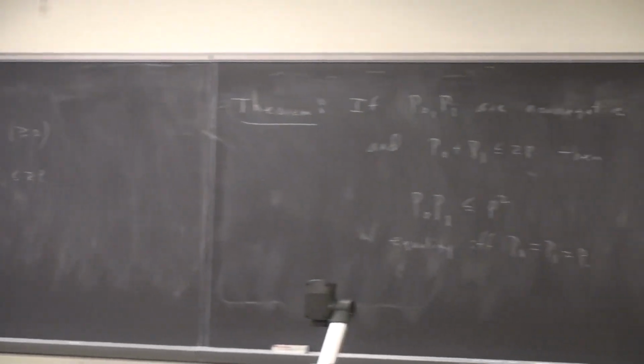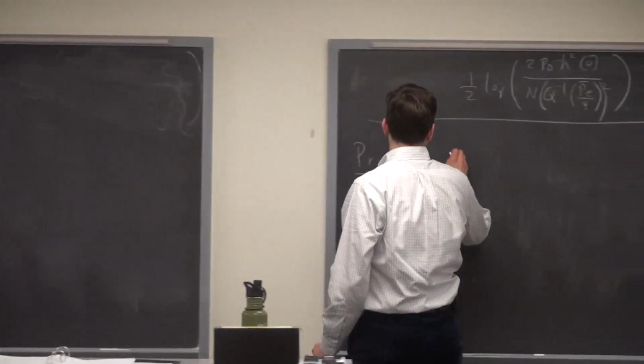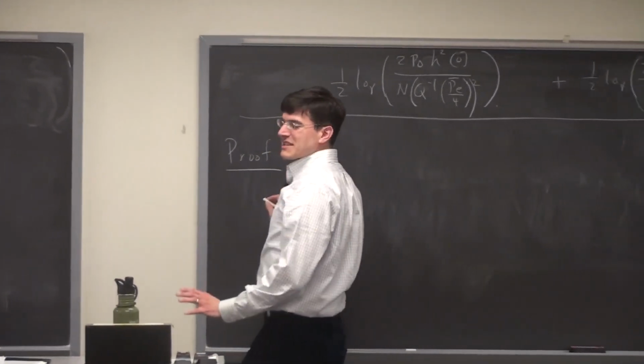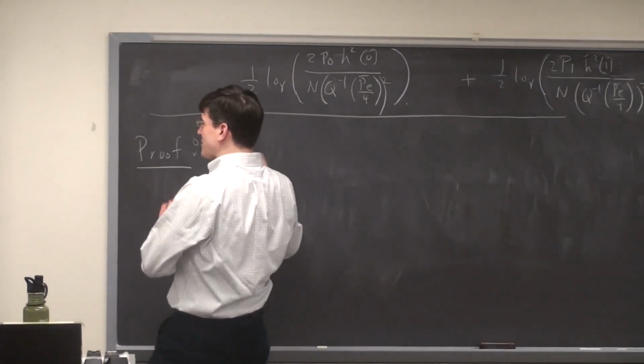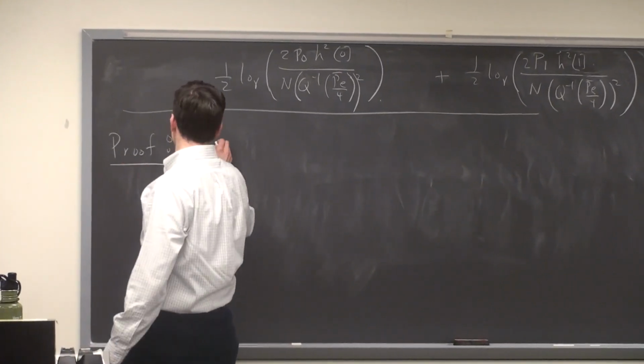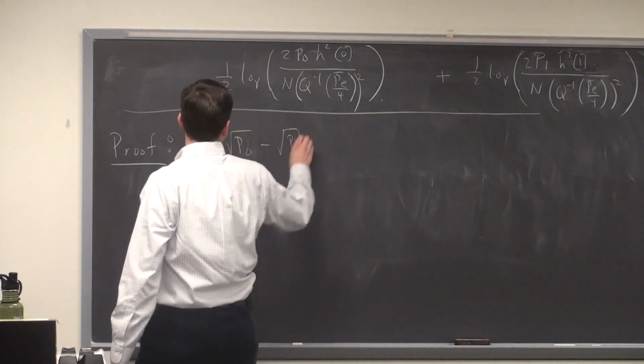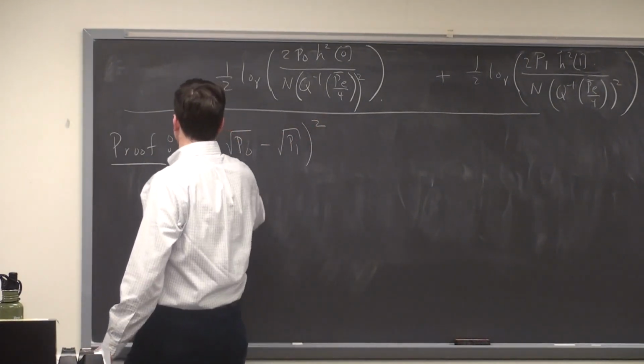I'll show you a math proof that I think is really slick. It's a sort of proof where it's not clear how you would think to write this, but if you follow line by line, it's immediately convincing. So consider the difference of the square roots of the two powers, squared.